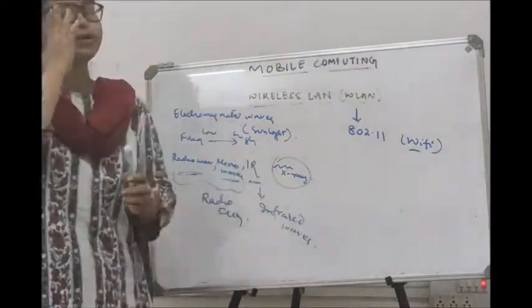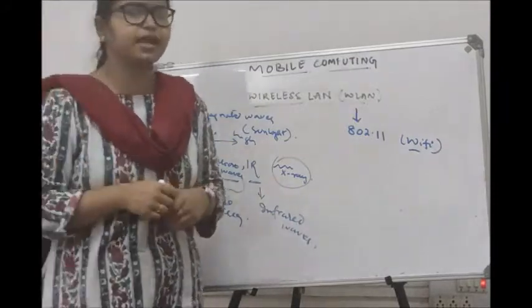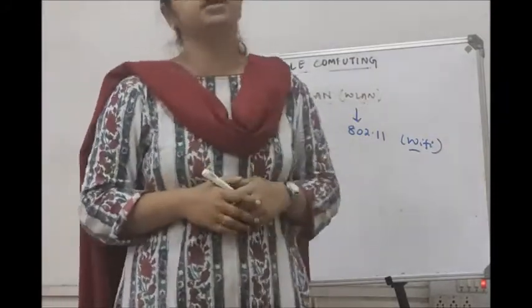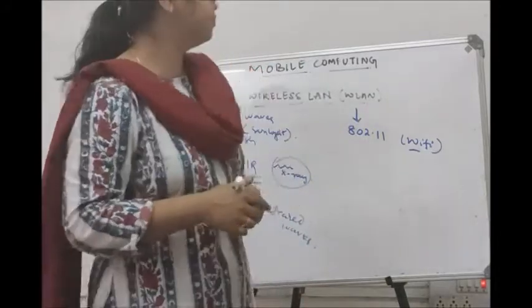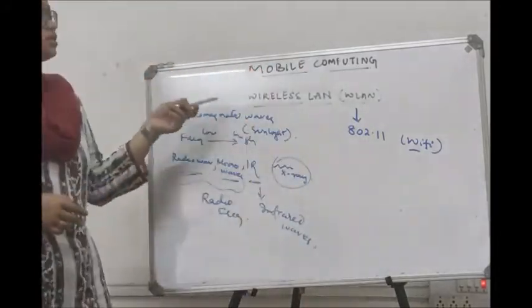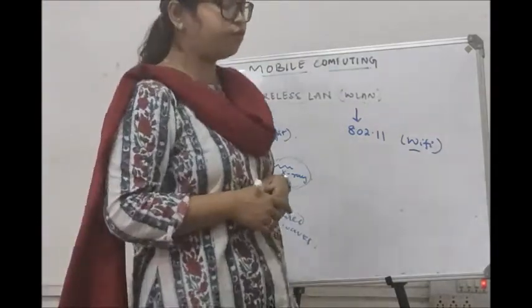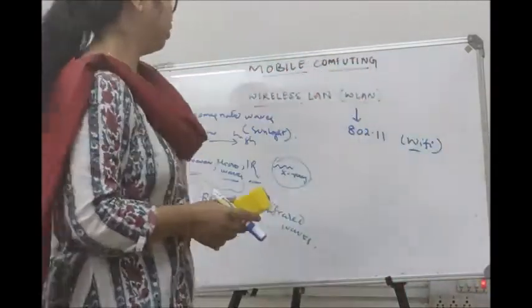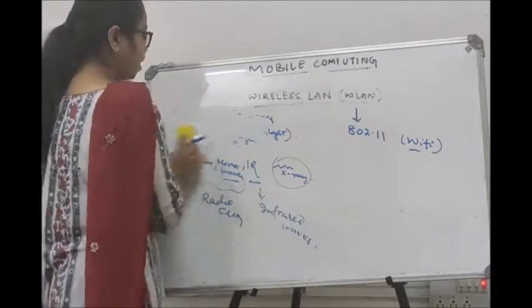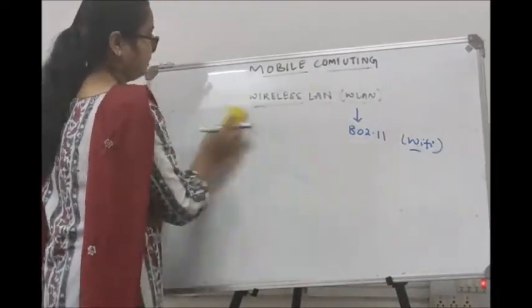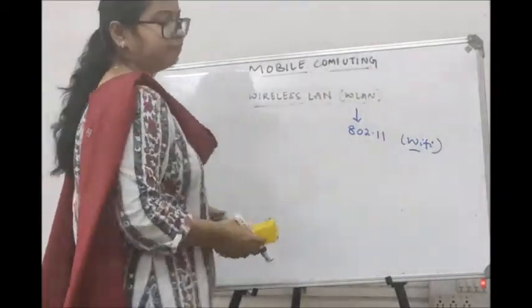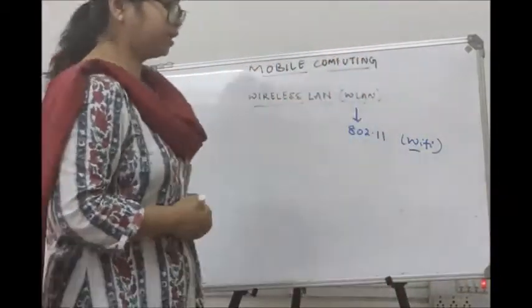The properties, advantages, disadvantages, the theory part, I'll explain in the class and I'll send you the notes separately, don't worry. But most important is to understand the architecture of 802.11. So we will understand how the architecture works. Basically, the wireless network architecture is of two types.